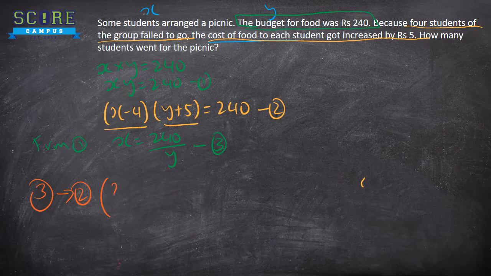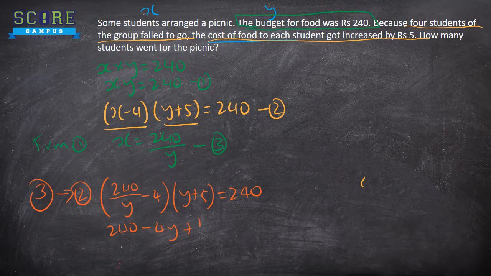So (240 over y minus 4) times (y plus 5) equals 240, right? And now I can expand this: 240 minus 4y plus 1200 over y minus 20 equals 240.